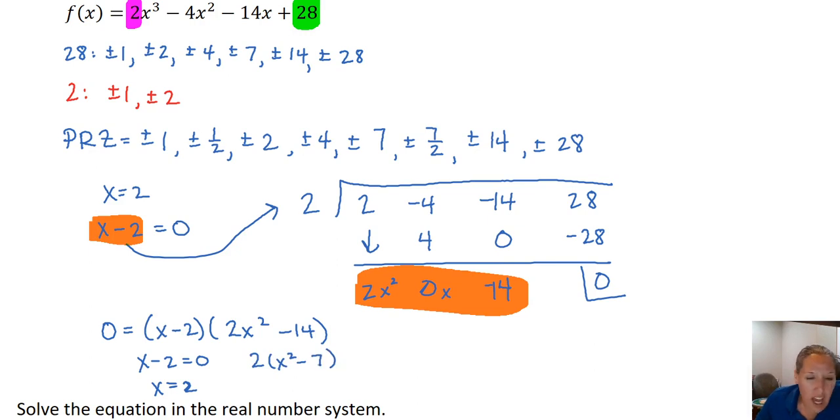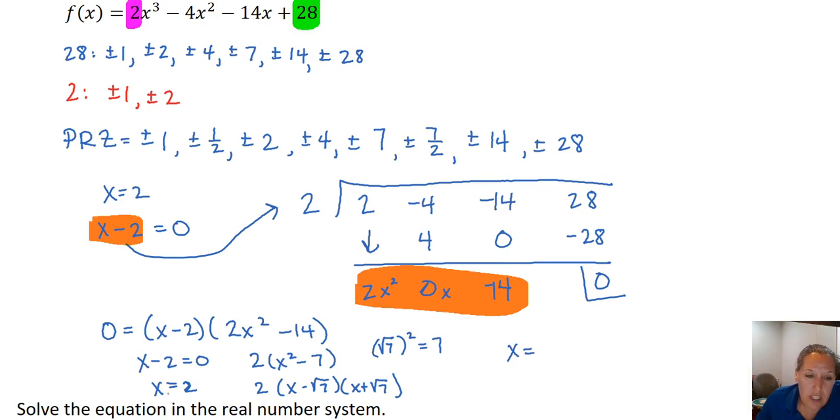And that's not a difference of squares, but we can think of that 7 there as the square root of 7 squared. And so we can actually factor that to x minus the square root of 7 and x plus the square root of 7 if we wanted to. And we'll get our 3 answers.